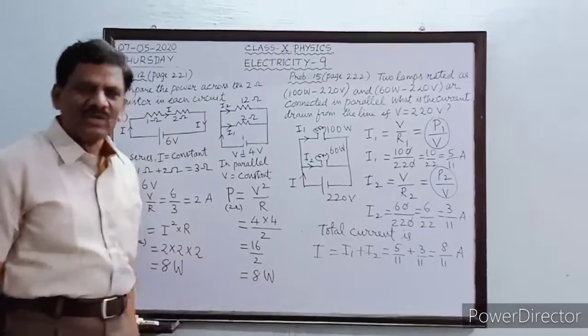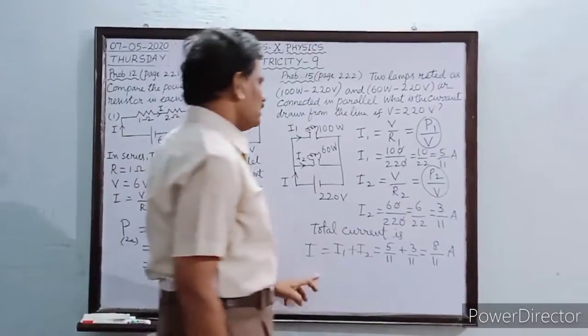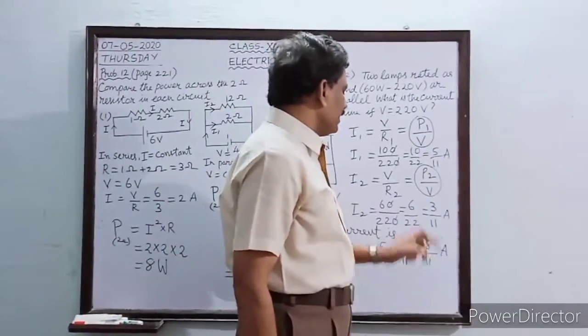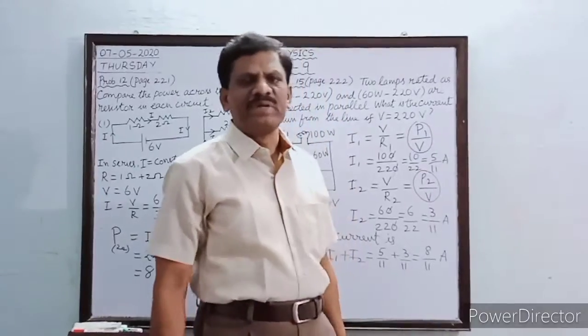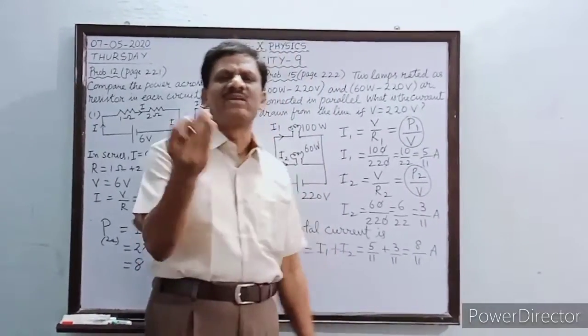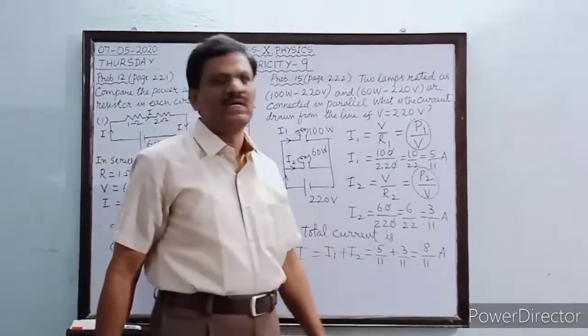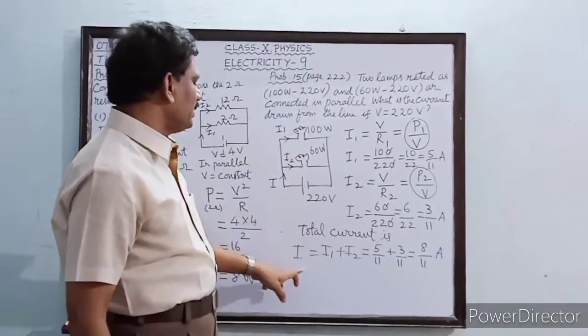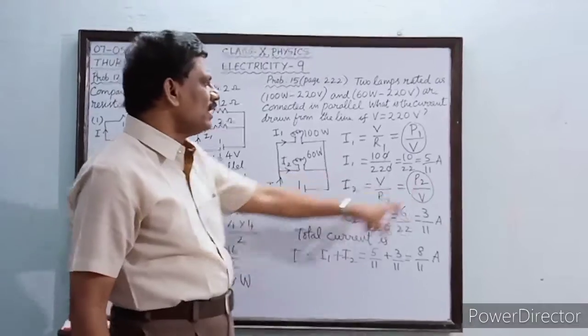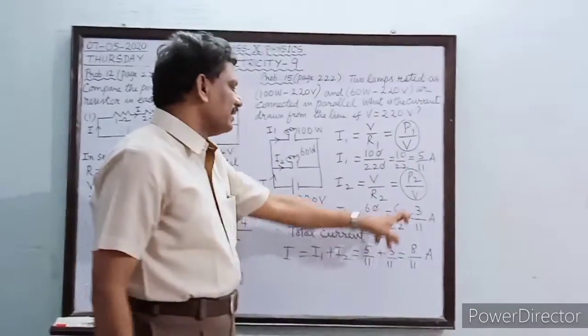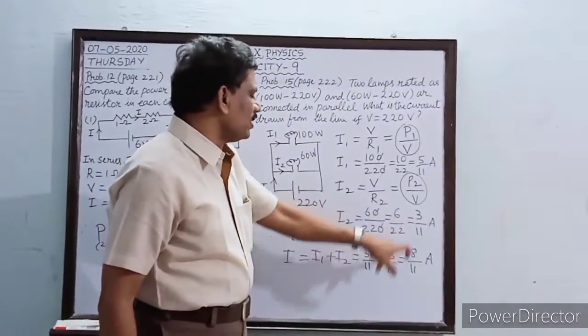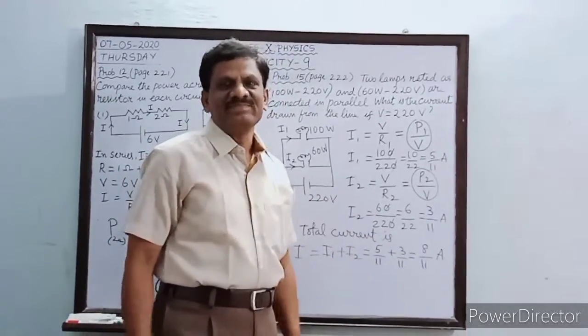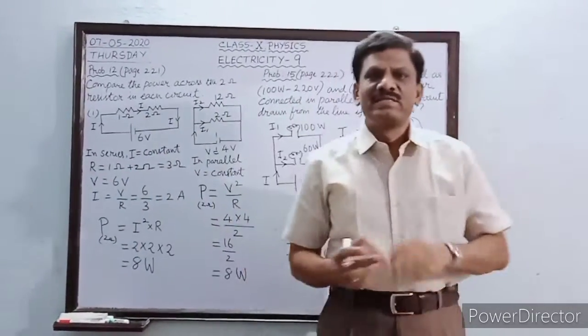Okay, good. So 8 by 11 is less than 1 ampere, some 0.7 like that, some value will come. So the total current is the sum of the individual currents flowing through each bulb. That is I is equal to I1 plus I2, equal to 5 by 11 plus 3 by 11, equal to 8 by 11. Okay. Have you all understood?